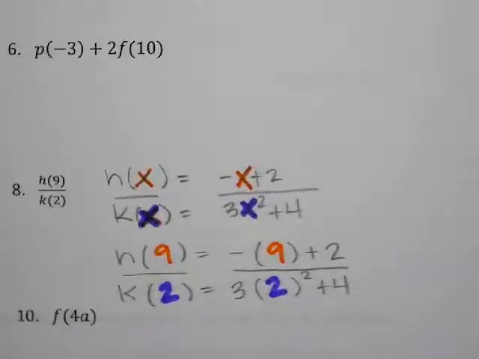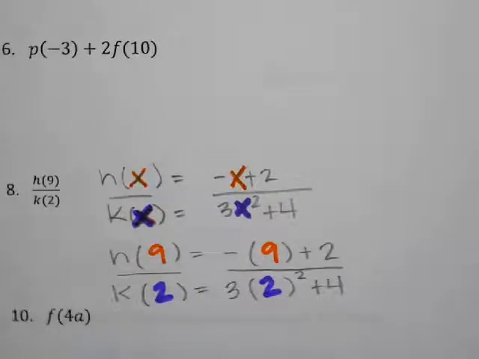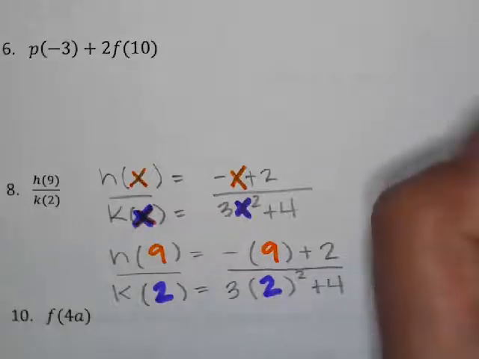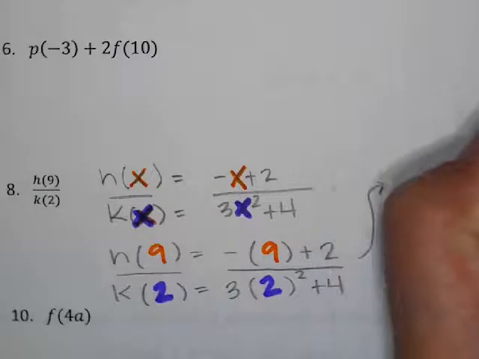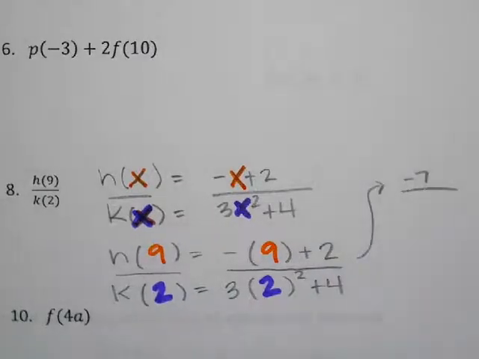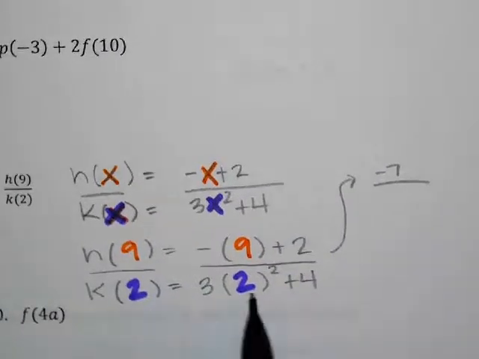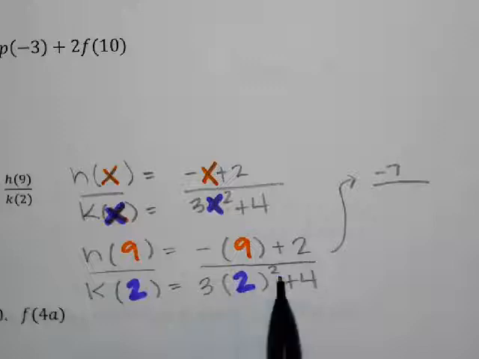So for the top, we have negative times 9, which is negative 9. Okay, so negative 9 plus 2 is negative 7, so that's what we have on top. And then on the bottom, we have 3 times 2 squared, and which part of that do we do first? The squared.